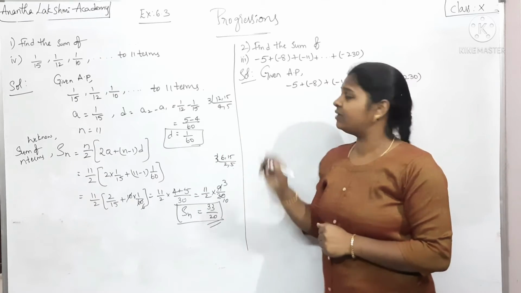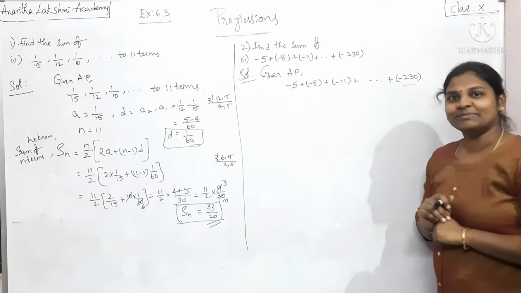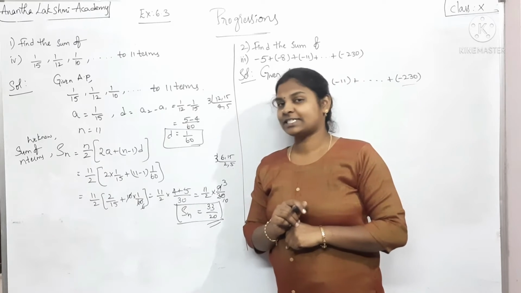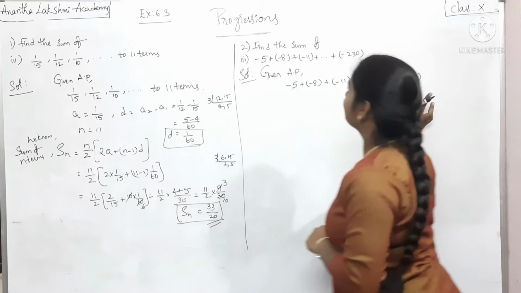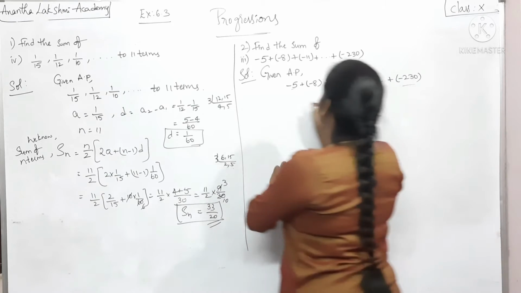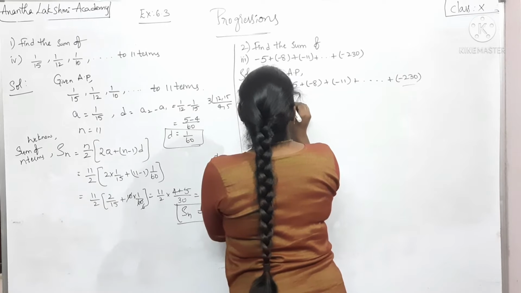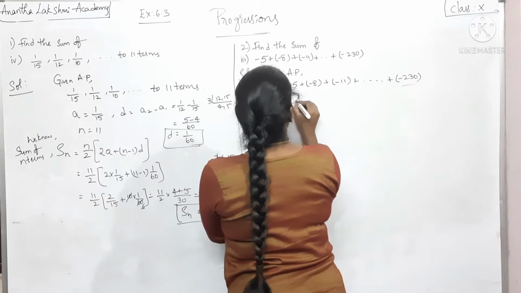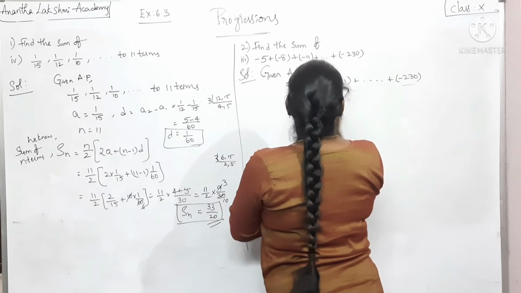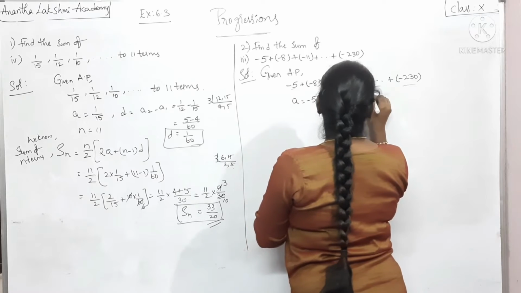Here, if you have observed, there is the first term, and also there is the last term. So which formula can we use in order to figure out the sum of n terms here? Let me write it as a is equal to minus 5, and an is equal to minus 230.